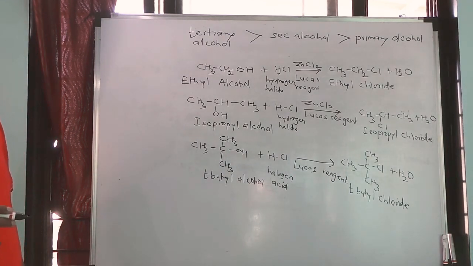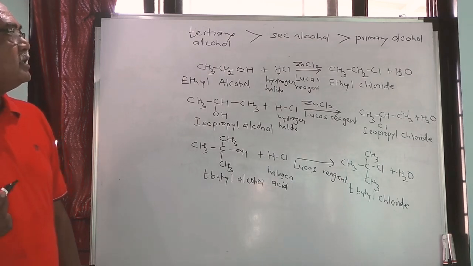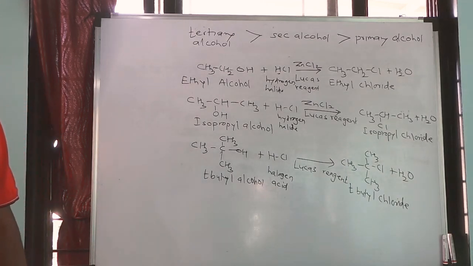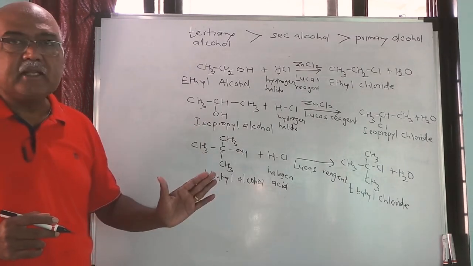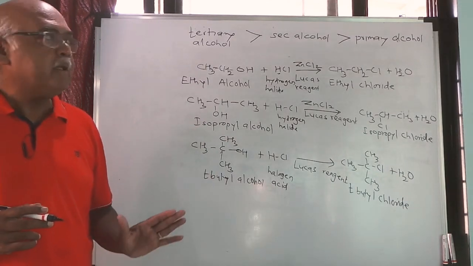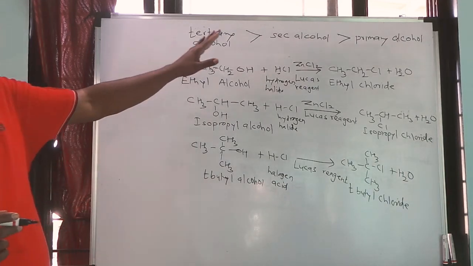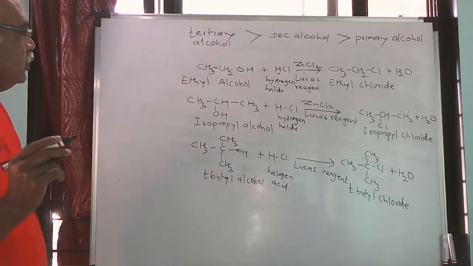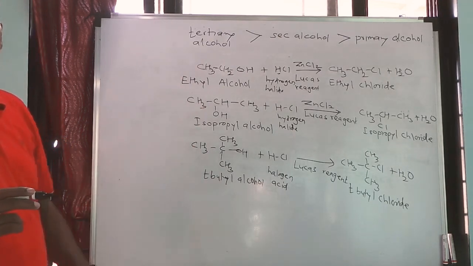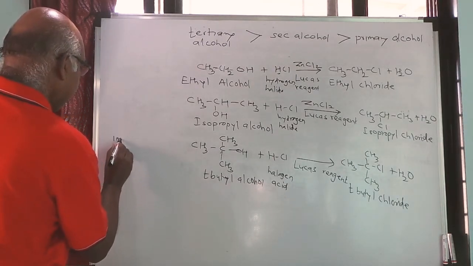Now you will say that this particular reaction can be used as a distinguishing test between primary, secondary and tertiary alcohols. We know tertiary alcohols react easily. So when you carry out this particular reaction with tertiary alcohol, you get the reaction immediately.